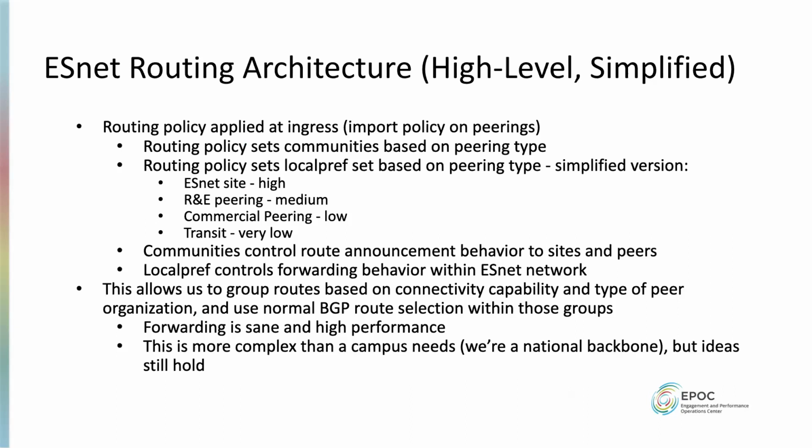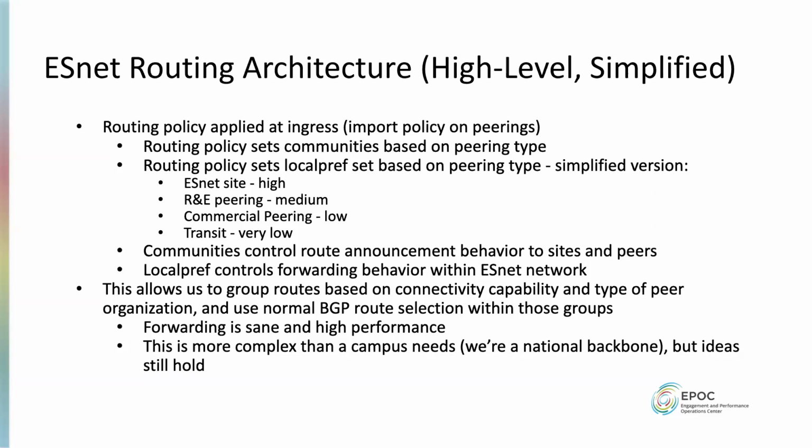And we have a set of local prefs that we assign based on those communities. That allows us to separate routes, and therefore traffic, by the type of network that we're talking to. Because in the R&E world, AS path length and hop count are not relevant performance metrics, right?